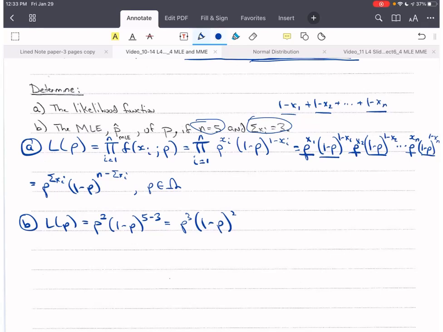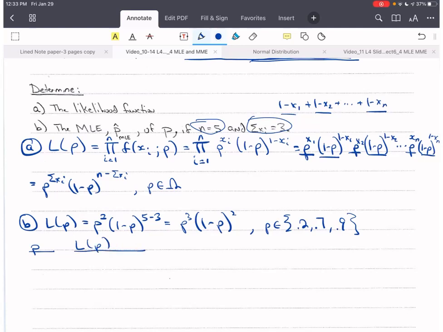And p is in 0.2, 0.7, or 0.9. So that's our likelihood function. We need to maximize this. Since it's discrete, all we have to do is list each value of p and then L of p.